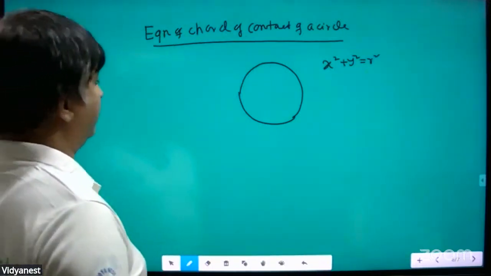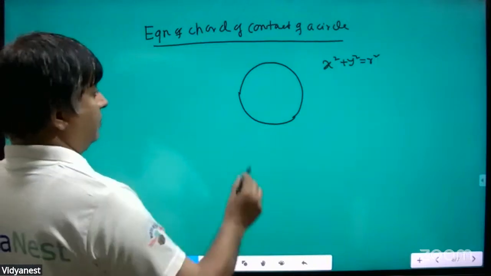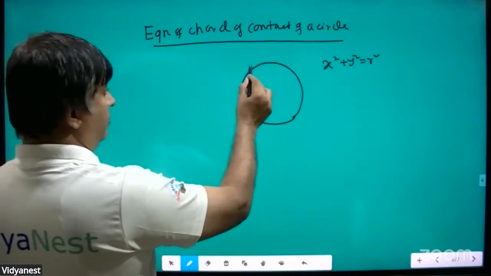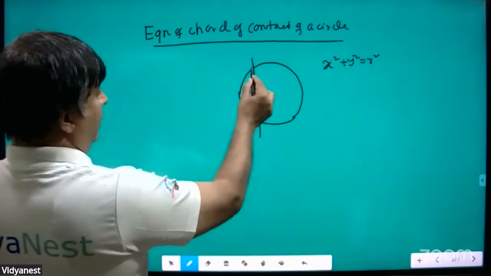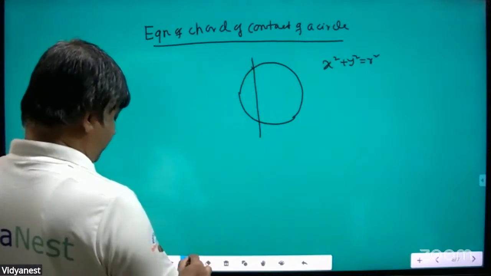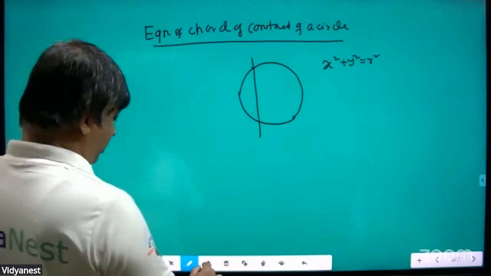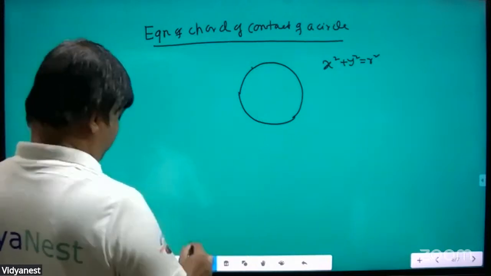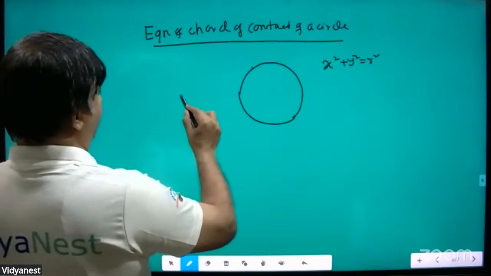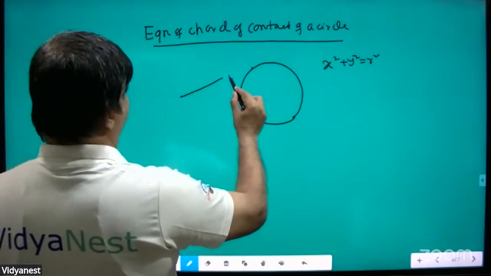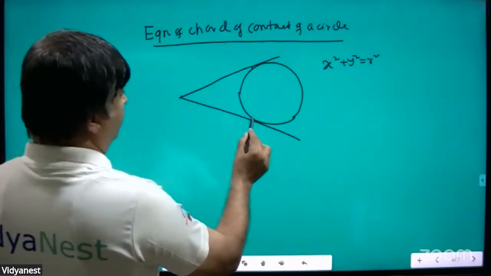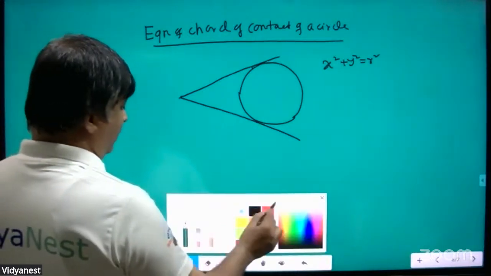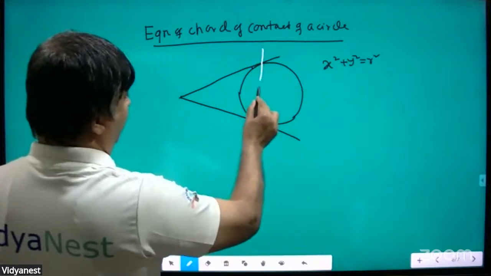Okay. Now one chord is drawn, and actually not one chord, from an external point two tangents are drawn. Two tangents' points of contact are joined by a line.